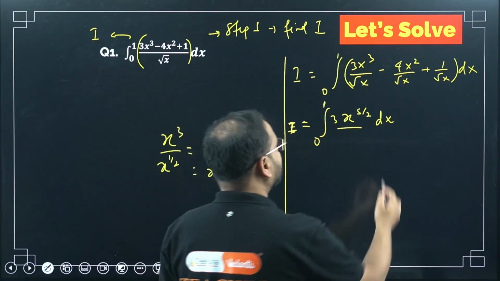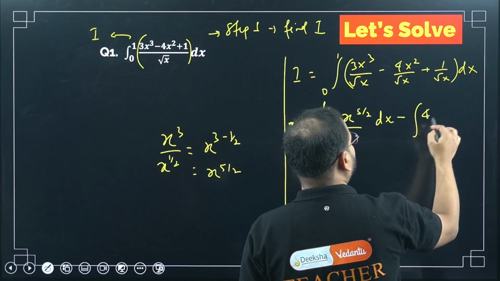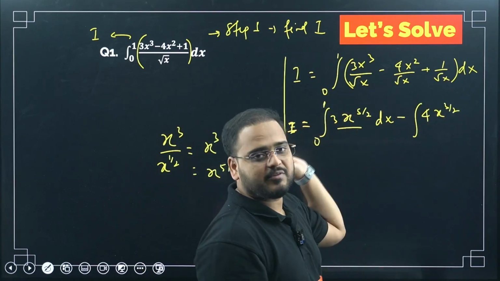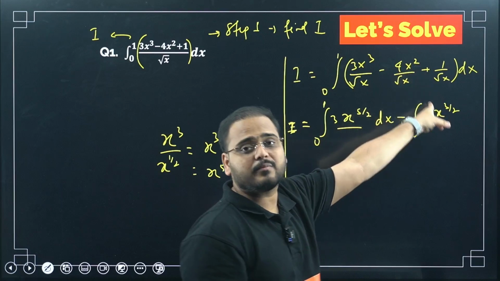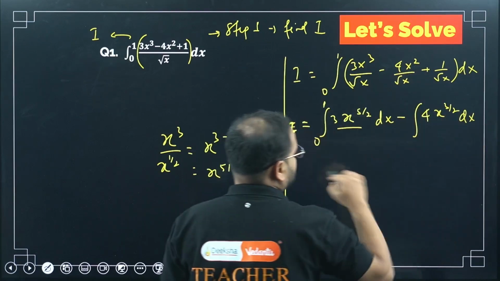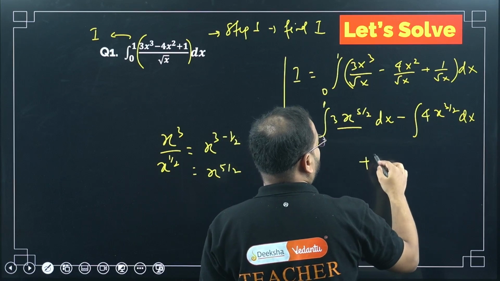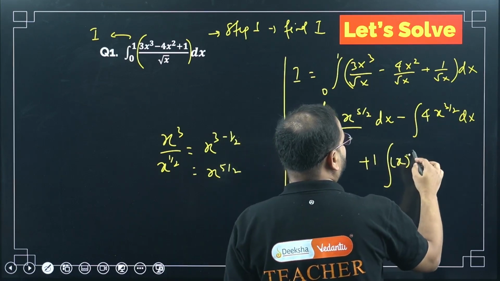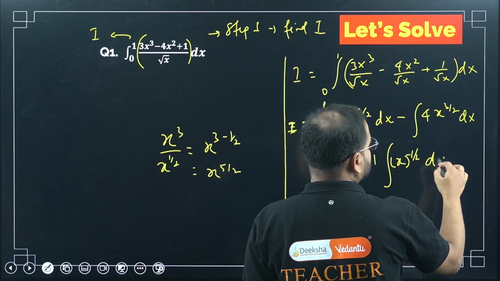Next integration will be minus 4 x power 3 by 2. Again the same thing: 4 minus 1 by 2 will become 3 by 2, again with the variable x. Last one, plus 1, the integral of x to the power minus 1 by 2 dx. Why so?